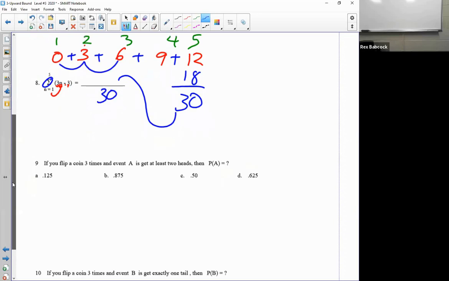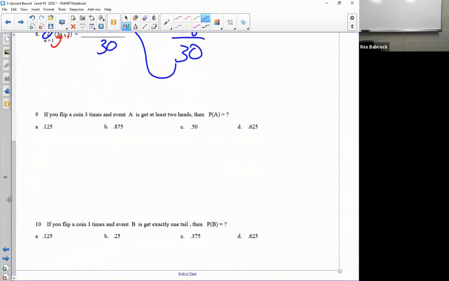What about 9? Flipping the coin 3 times. I had that sample space drawn for you, and I would look at it. Or does anybody need to see number 9? The answer is 50%.